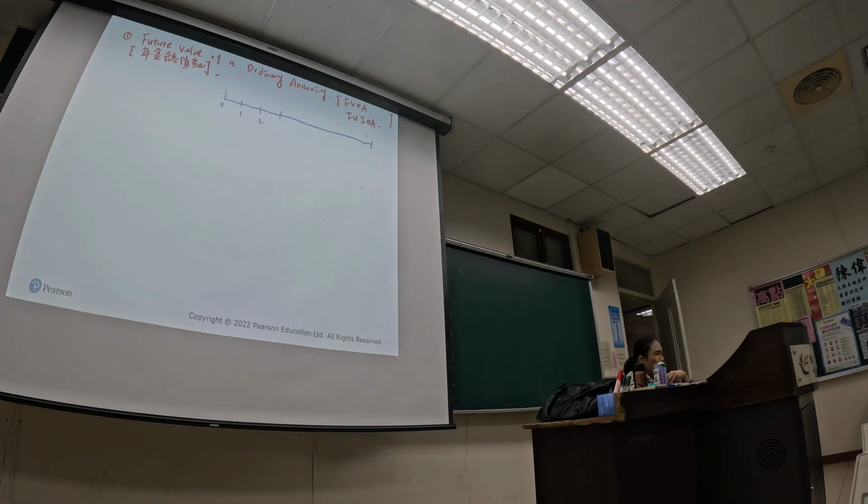1, 2, 3, n minus 1. Oh, I'm sorry, n minus 1, n, because we have n periods, okay? So here, n, and then n minus 1. Okay, each period you have a fixed payment. Let's say C. This is an ordinary cash flow for the ordinary annuity, right?